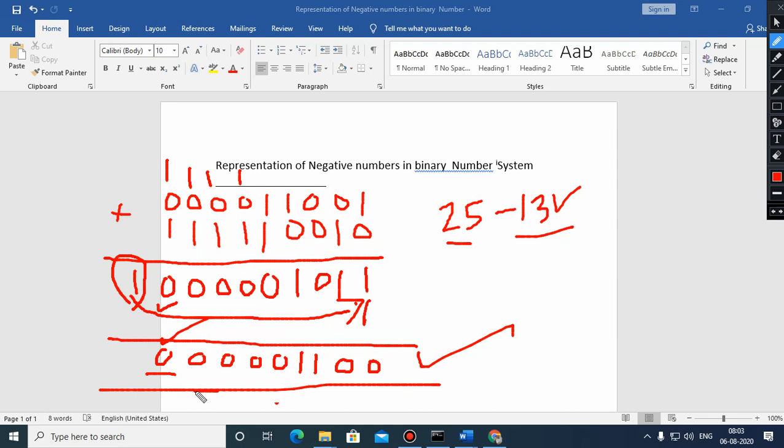Children, sometimes there is no overflow bit. In that case, there are two possibilities. Possibility number one, that the resultant answer is negative. I will be showing that just now.